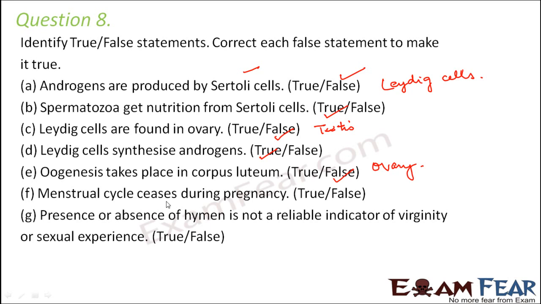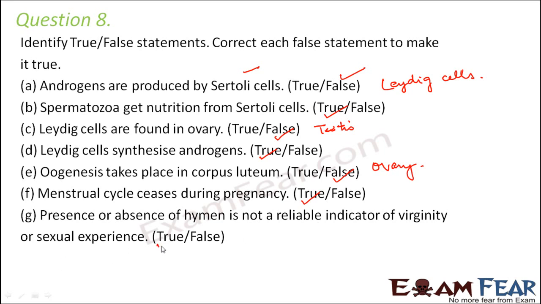Menstrual cycle ceases during pregnancy. Yes, this is true. That's because when a female gets pregnant, the embryo gets implanted in the uterus. Now, when it gets implanted in the uterus, the endometrial thickening is required. So the endometrium does not break, and when the endometrium does not break, there is no bleeding, so there is no menstruation. Presence or absence of hymen is not a reliable indicator of virginity or sexual experience.